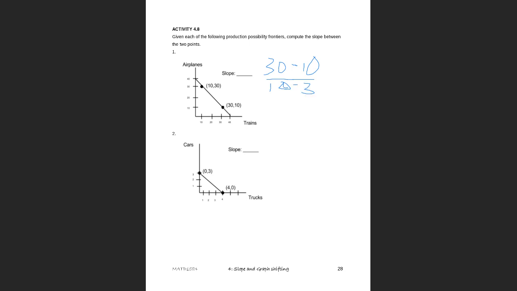So in effect, we are going to get minus 1, which is the same as minus 1 over 1. So the meaning is that anytime you increase train production by 1, you are going to decrease airplane production by 1.